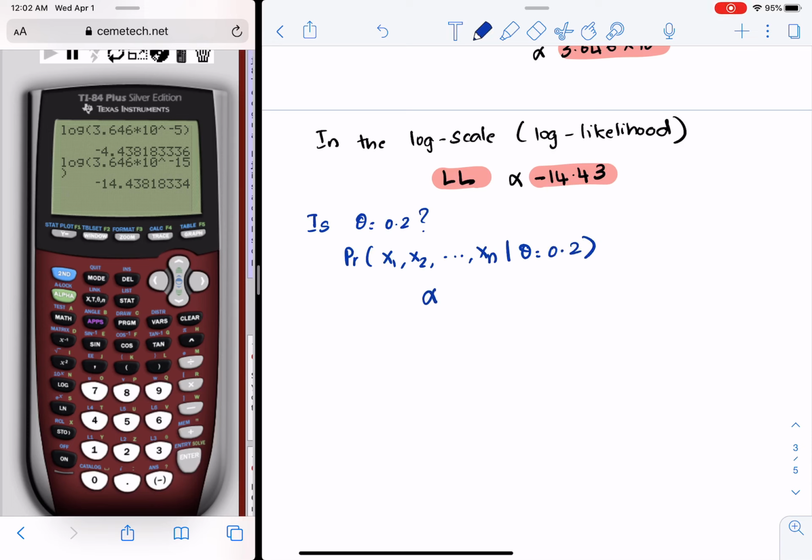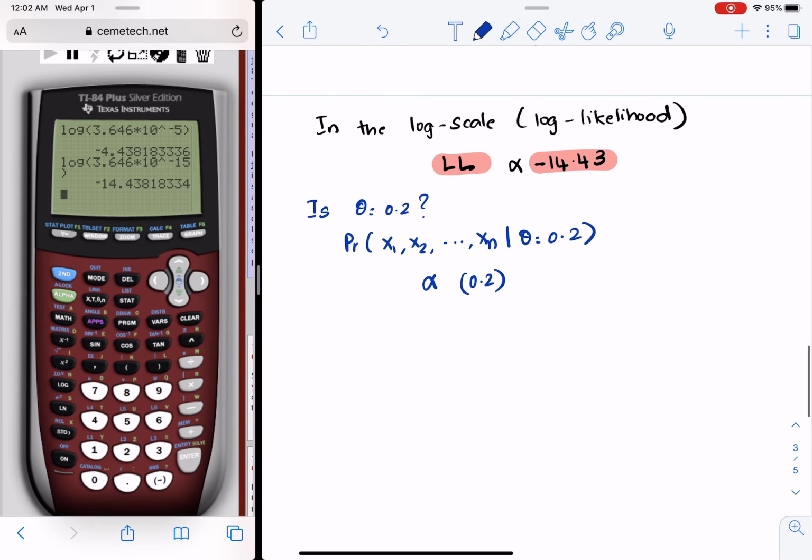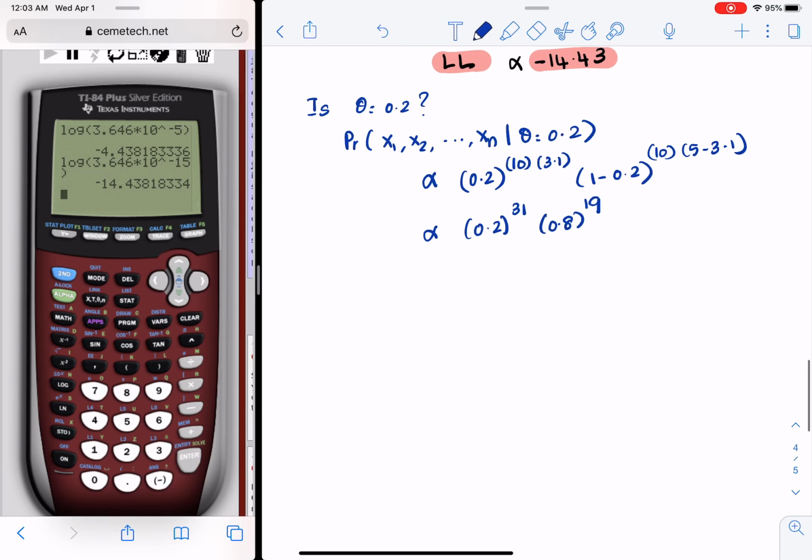That is going to be proportional to theta raised to n times x bar, which is 10 times the mean, and we found the mean to be 3.1, and 1 minus 0.2 raised to 10 times 5 minus 3.1. And that gives us 0.2 raised to 31 times 0.8 raised to 19.